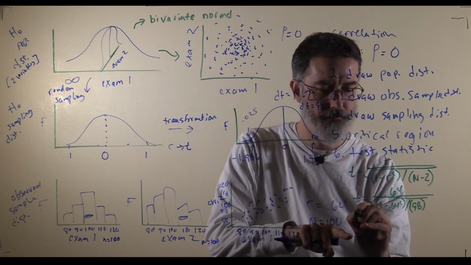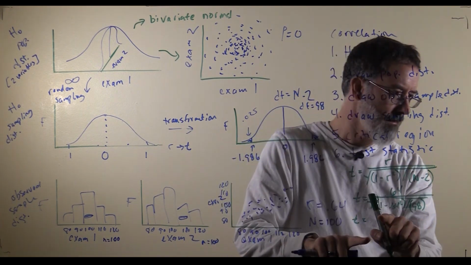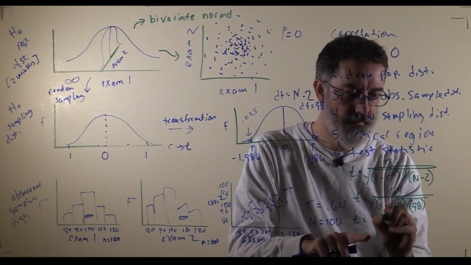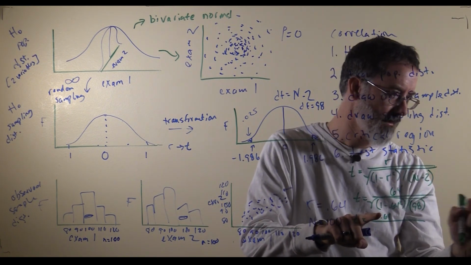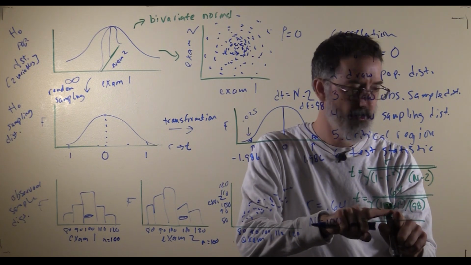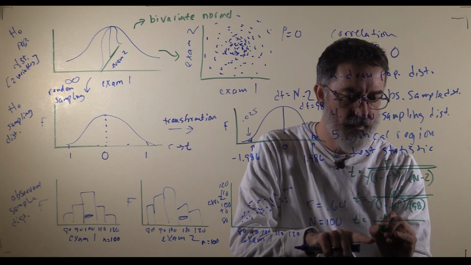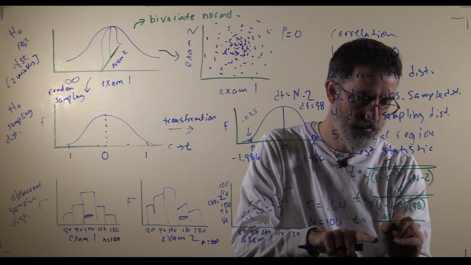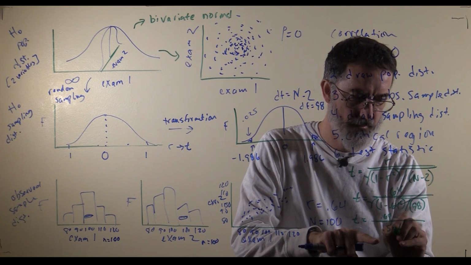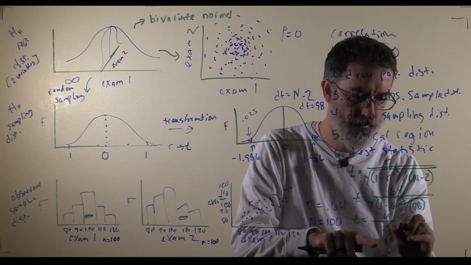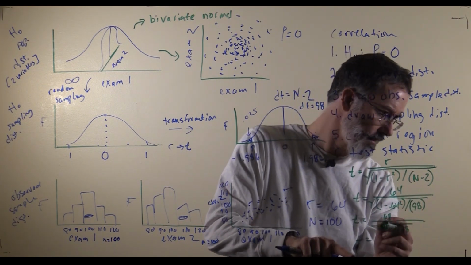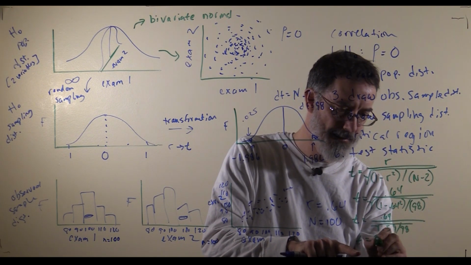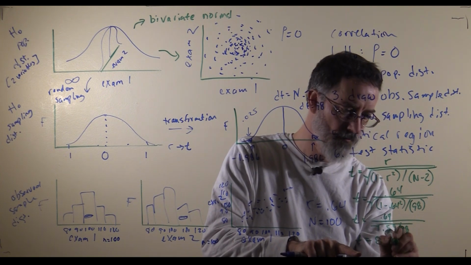All the square root. 1 minus 0.64 squared is going to be 0.59, divided by 98, square root. So when I did this, I ended up with a t-statistic of 8.21.